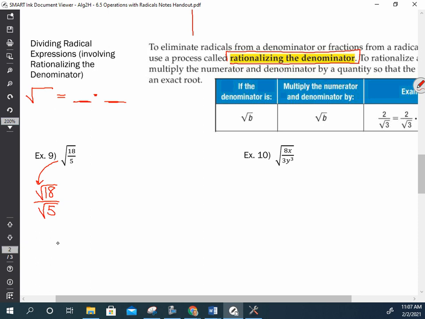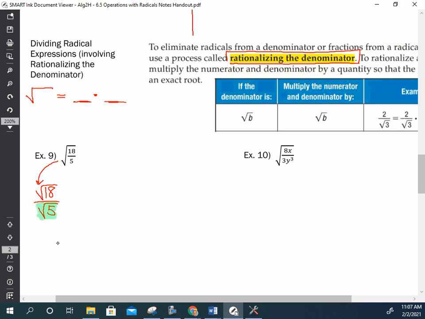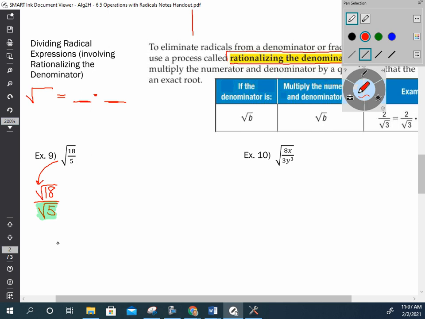So here's the problem. You have the square root of 5. You can't leave the square root at the bottom of a fraction, so we have to eliminate it.